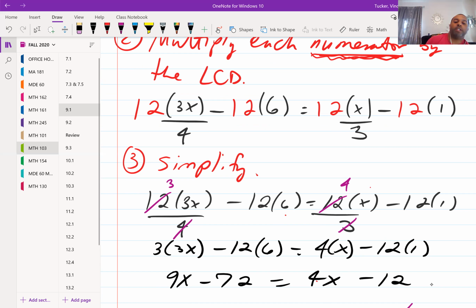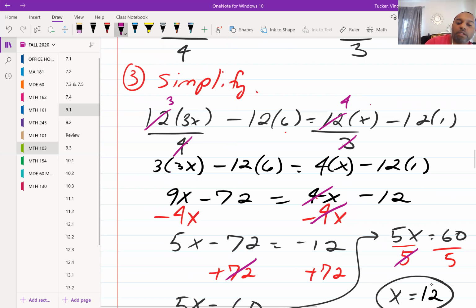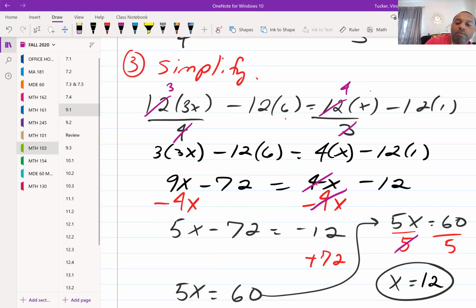All right, so once again, we have variables on both sides of our equations. So I'm going to take 4x to the other side by subtracting. That leaves me with 5x minus 72 equal to negative 12.